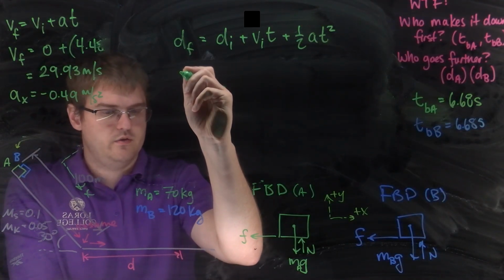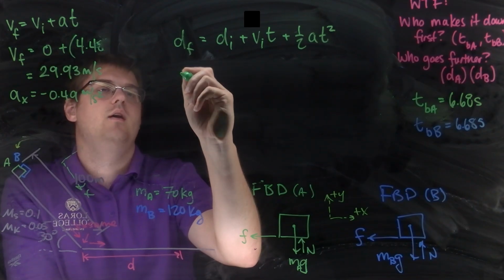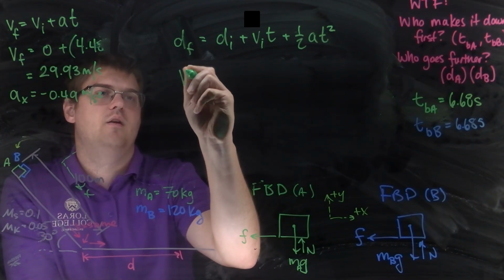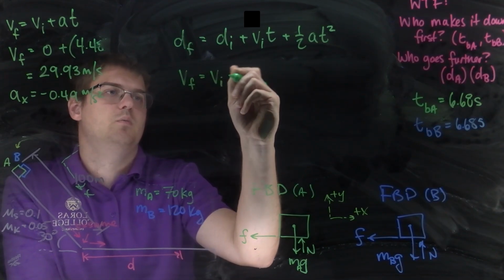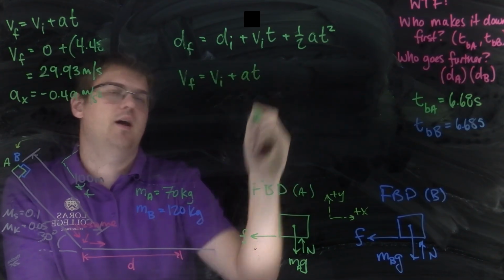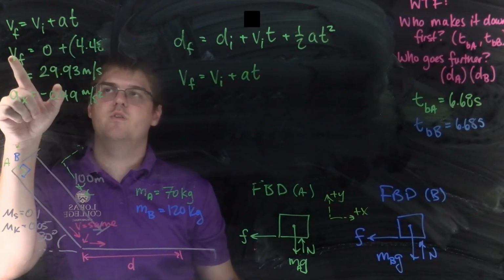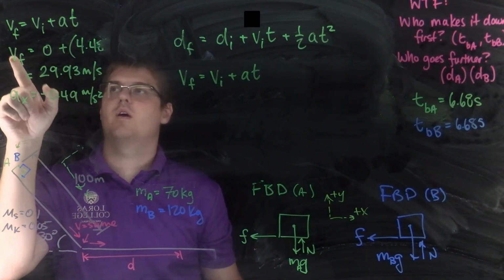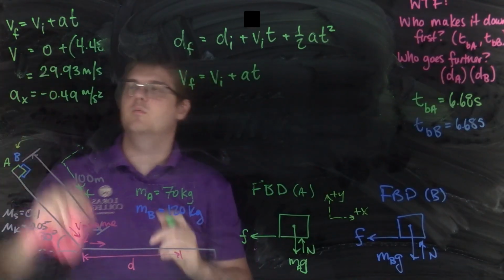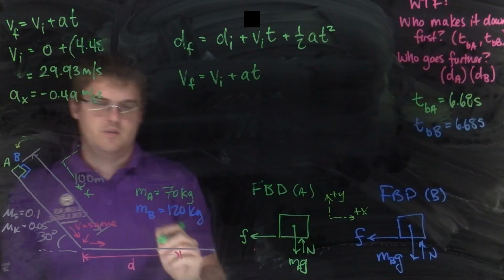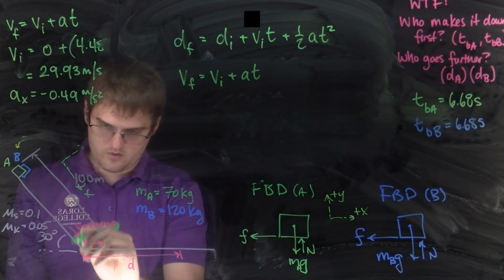So I could go ahead and use that. Let's see which way I solved it. I didn't solve it this way. Okay. I could use that my v final is going to be my v initial plus my acceleration times my time. This wasn't v final anymore. This is v initial now. This is the velocity right here.